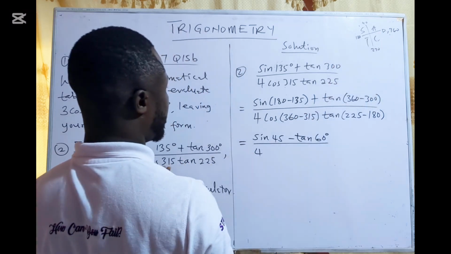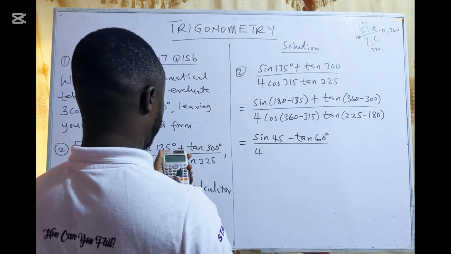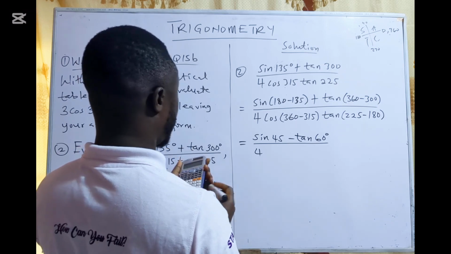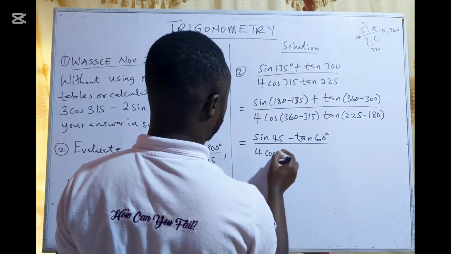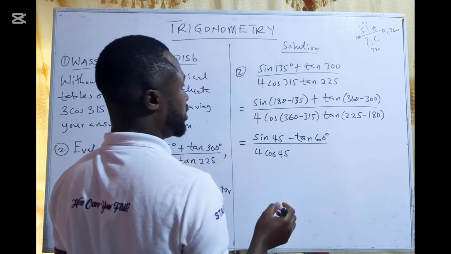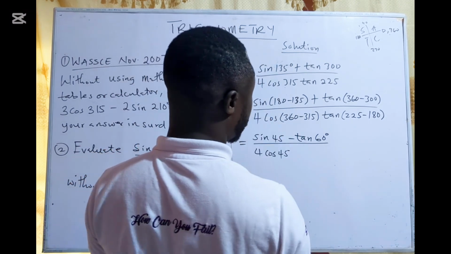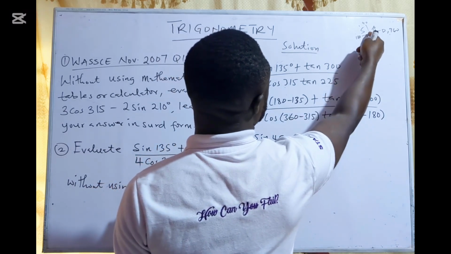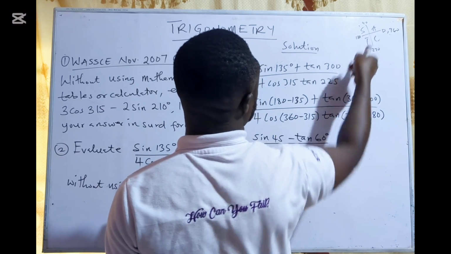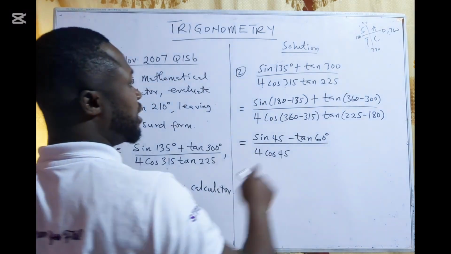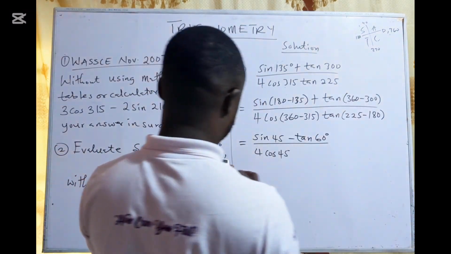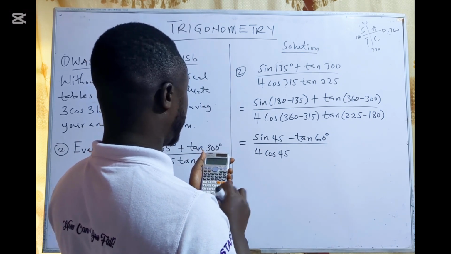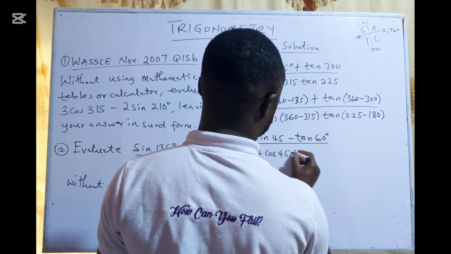Cos is positive, so 360 minus 315, that is 45, so cos 45, no problem with that. And then we have 225. 225 is in which quadrant here? 225 is in the third quadrant, and in the third quadrant tan is positive, so 225 minus 180, and that also gives us tan 45.